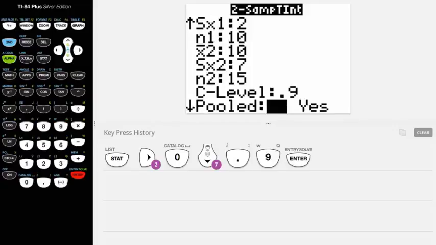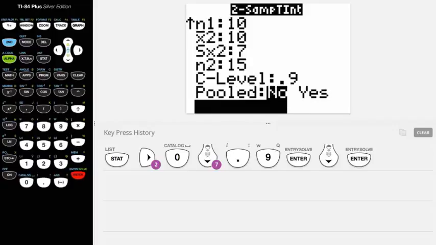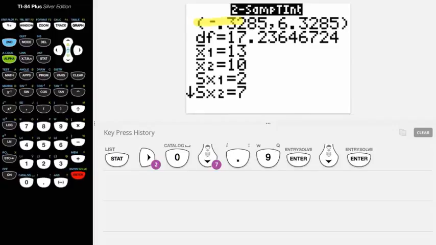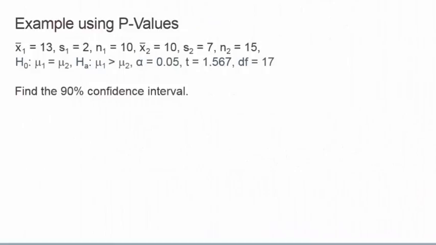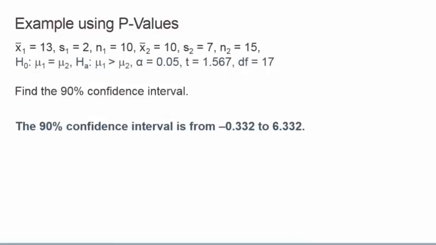Pooled, no. Calculate, enter. Our confidence interval is at the top, -0.3285 to 6.3285. Rounding to 3 decimal places, the 90% confidence interval is from -0.332 to 6.332.